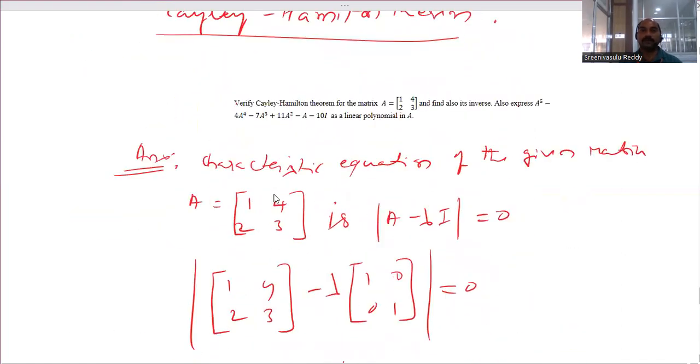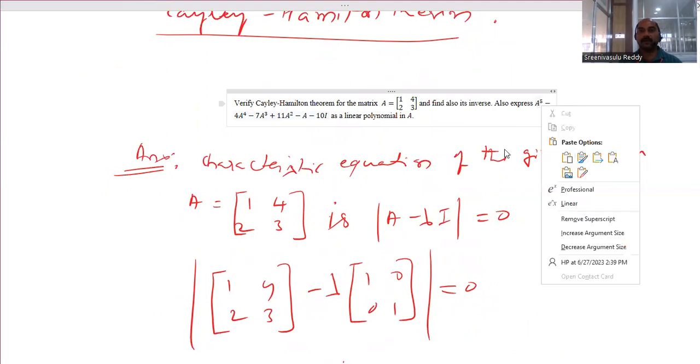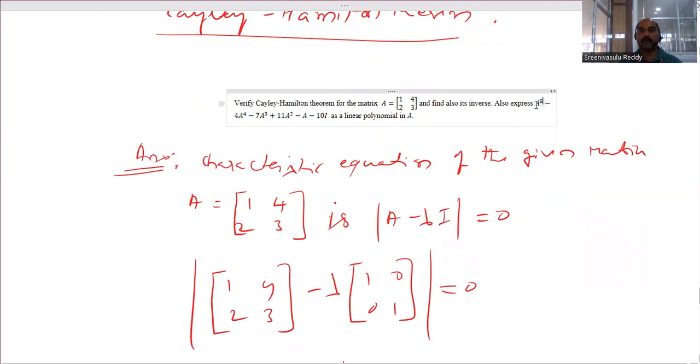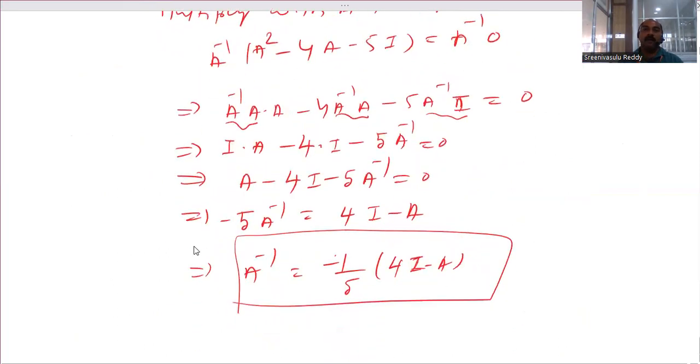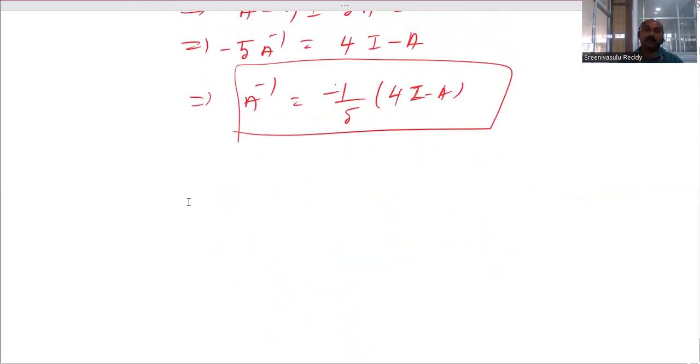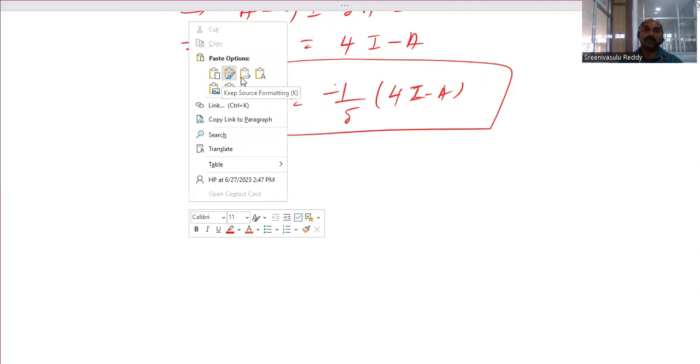Next, we want to express A power 5. Consider this expression as a linear polynomial. Linear polynomial means in terms of A only, not in A squares.